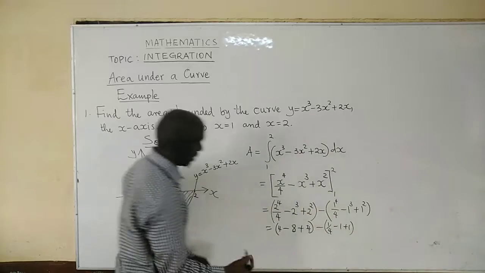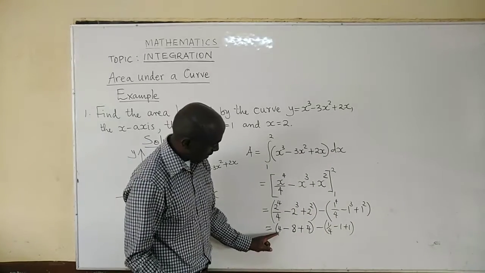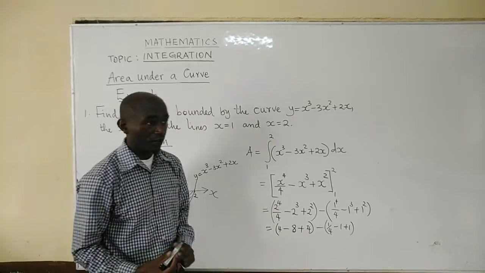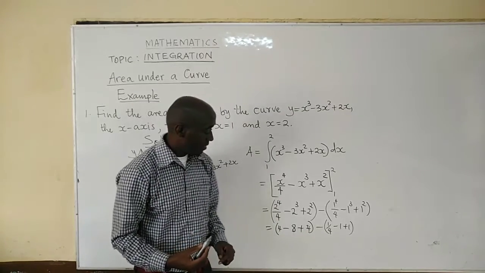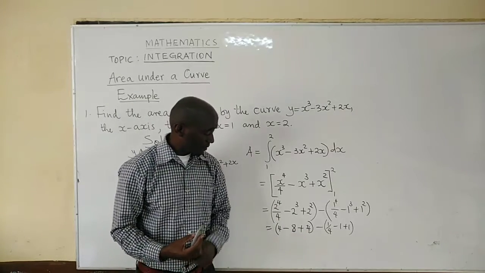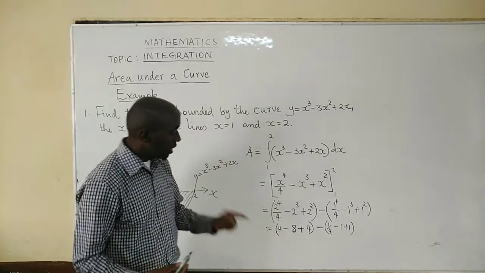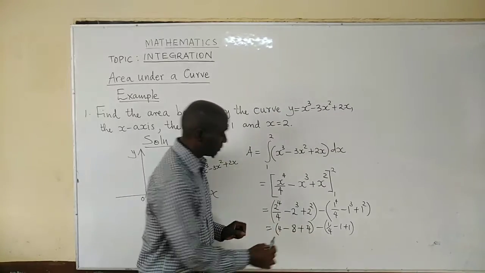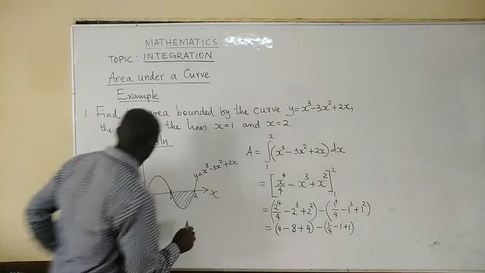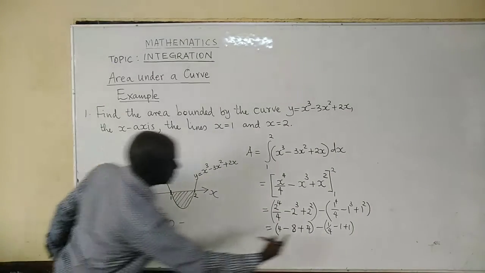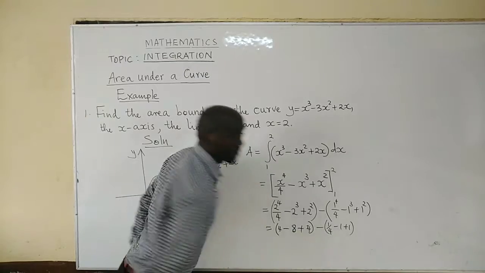So as you can see, in the first bracket we have 4 minus 8 plus 4. What is 4 minus 8 plus 4, my dear learner? 4 minus 8 is negative 4 plus 4 is 0. So this bracket is 0. So we have 0 minus a quarter minus 1 plus 1.